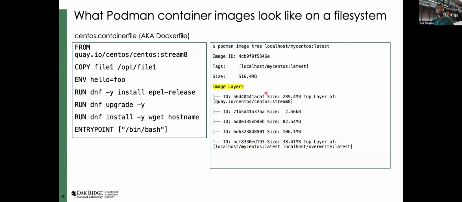This copy line is creating this layer. This environment variable line is not creating a layer; it is actually inserted into a configuration file that is part of the OCI spec, which the container runtime will read, and when it starts the container, it'll make sure that environment variable is correctly defined. And then each of these DNF lines is generating each of these layers.